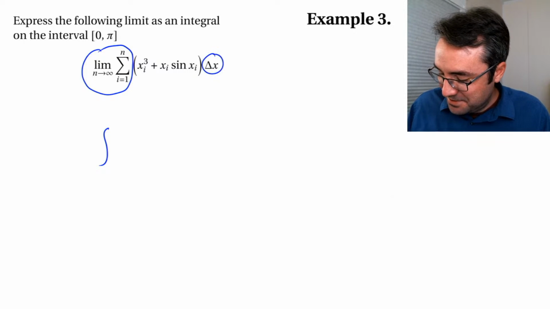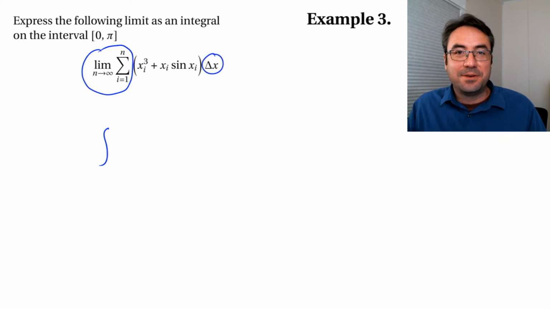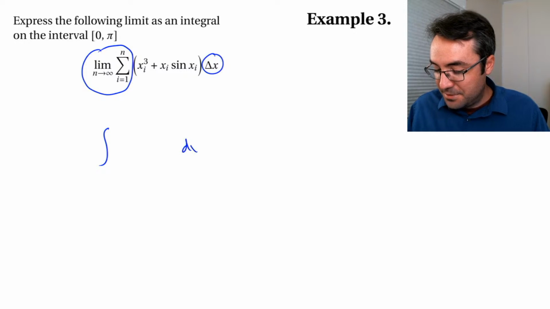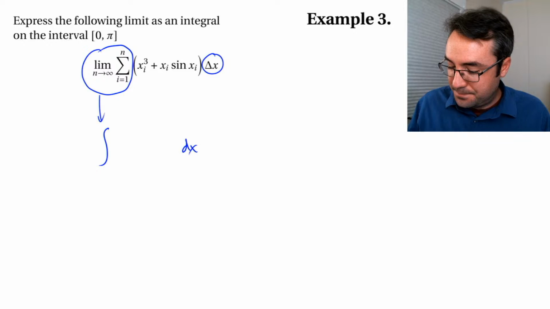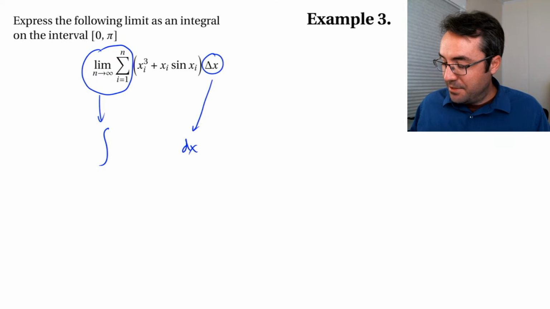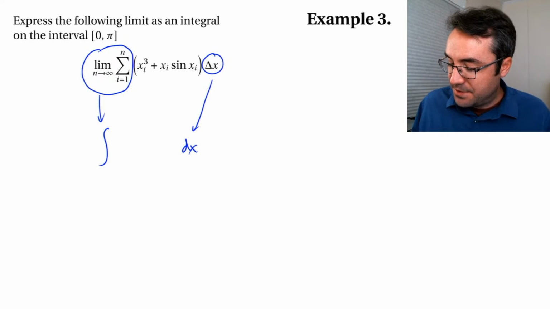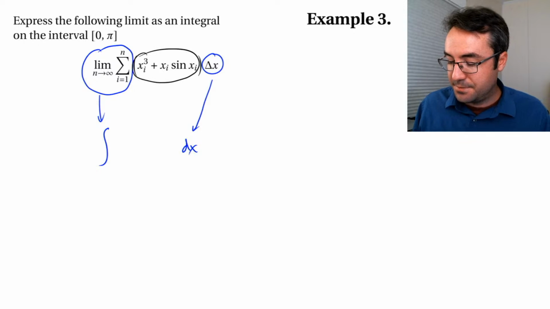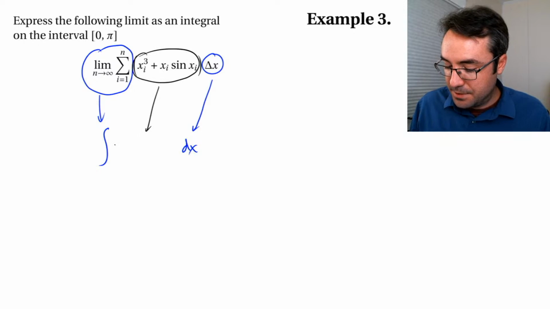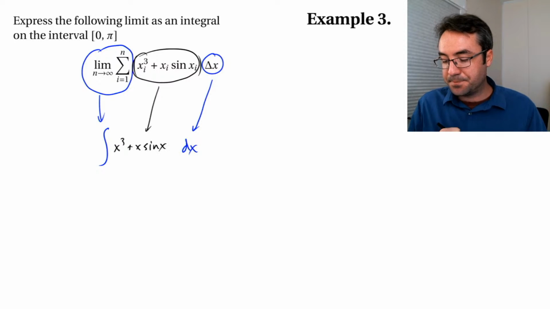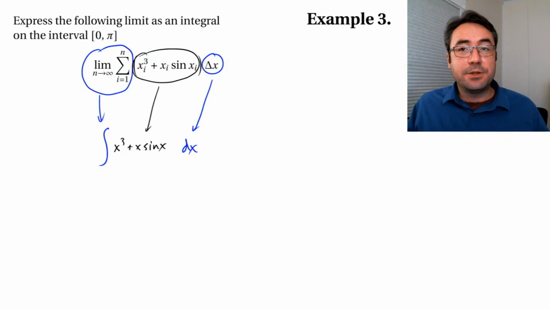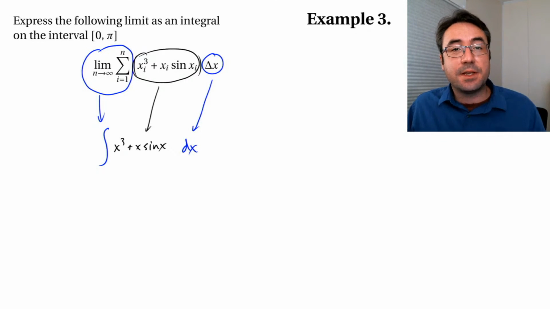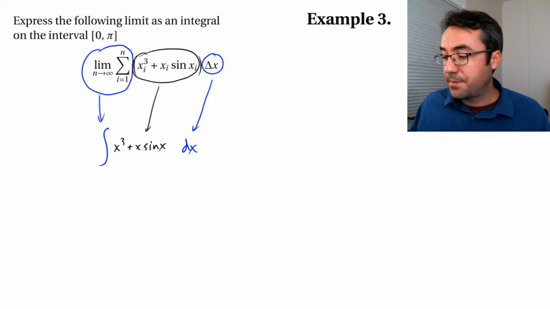The dx that we normally have in our integral, well, that's our delta x. And then the function that we're integrating, well, that's the height of our rectangles. So in this case, it would be x cubed plus x times sine x. And for our definite integral, we have upper and lower limits, and those come from our interval.